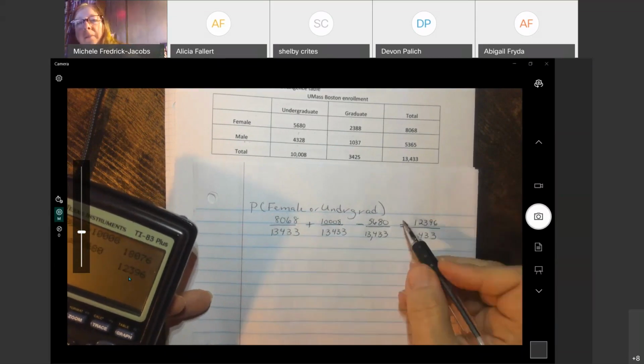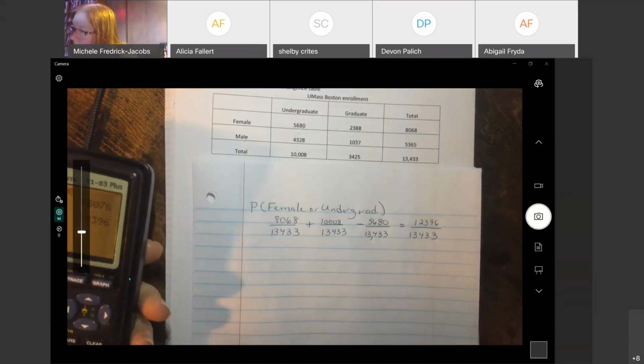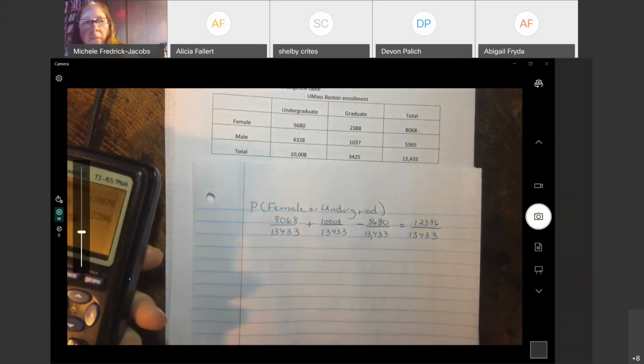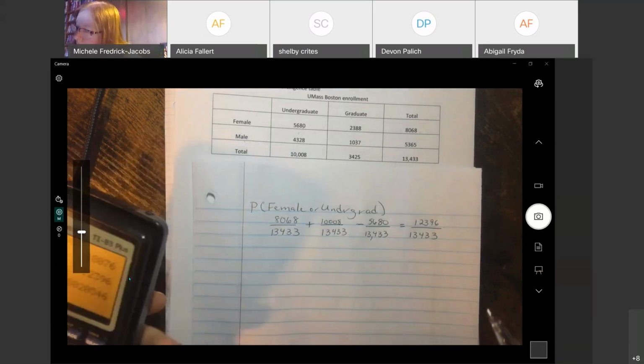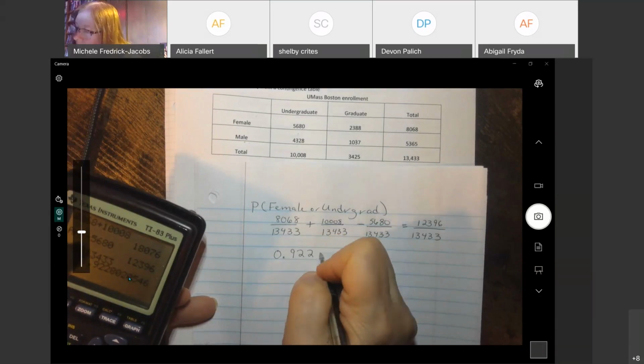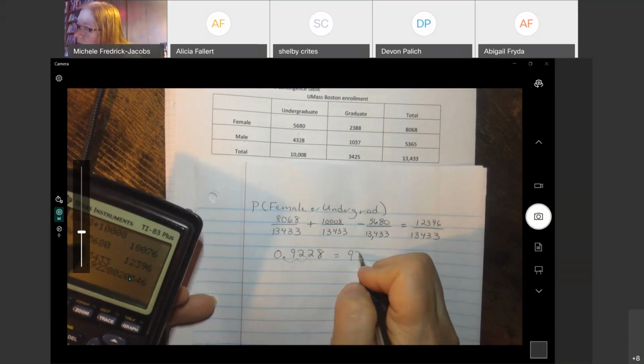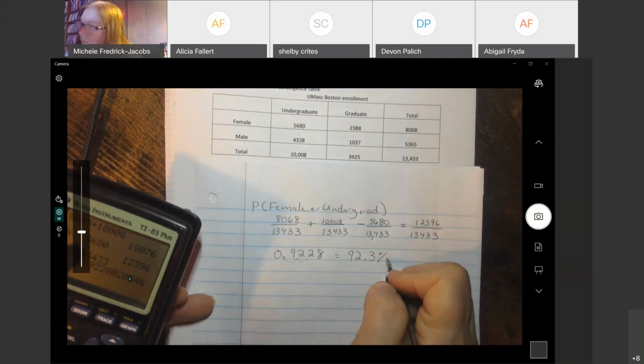If we combine the top and then divide by the denominator, moving over 2, we have 92.3%.